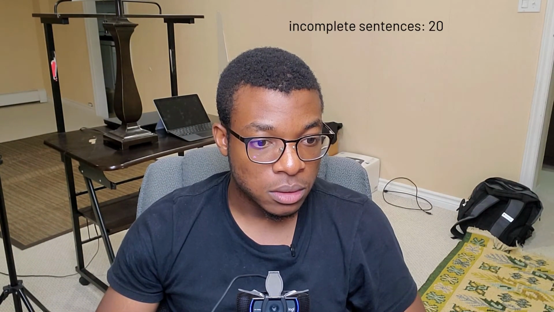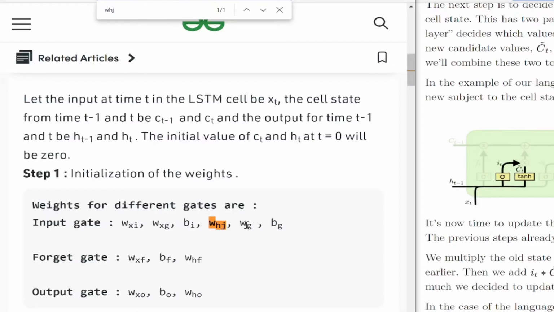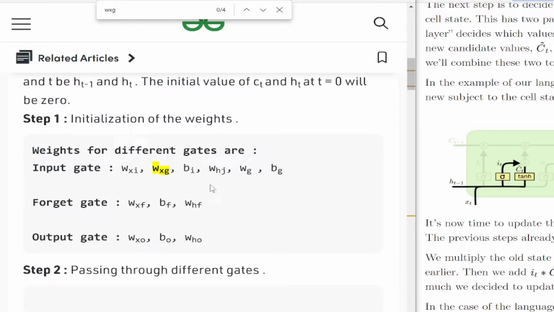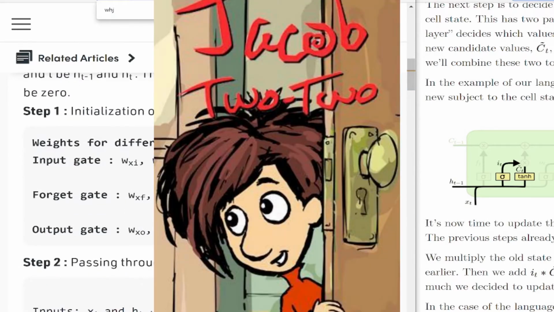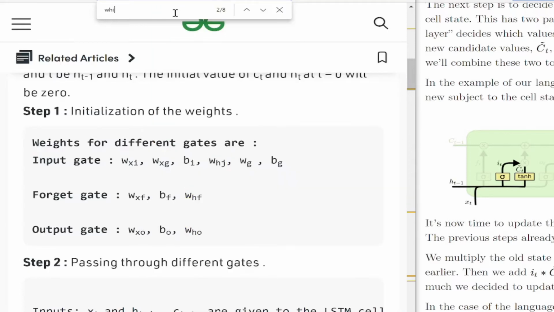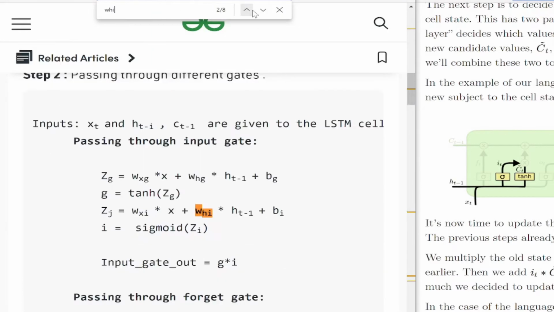Okay, wait, let me take a step back. I think this is a typo. I think this too is a typo. I don't find them anywhere else, but there are mentions of WXG. So I think this is supposed to be WHI.